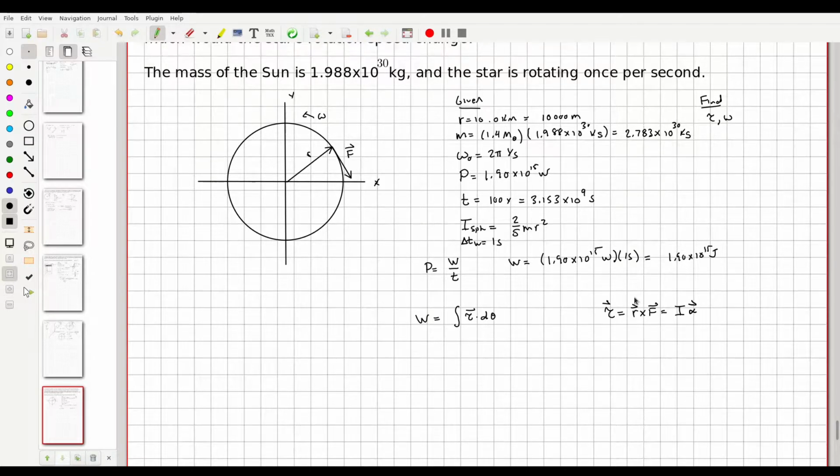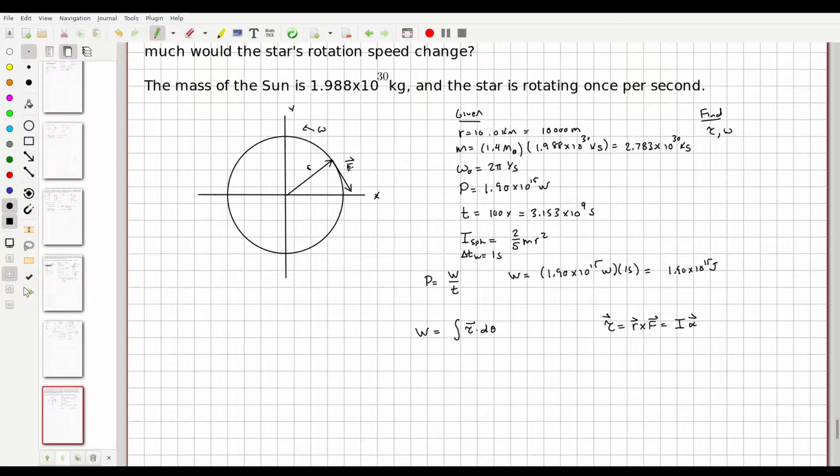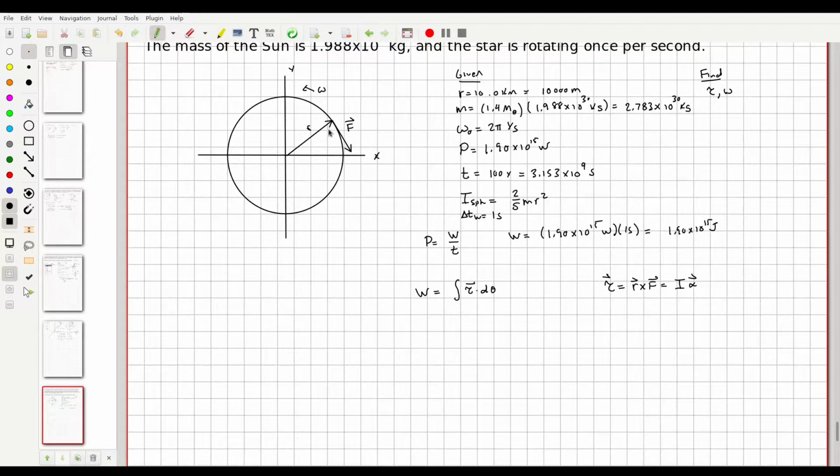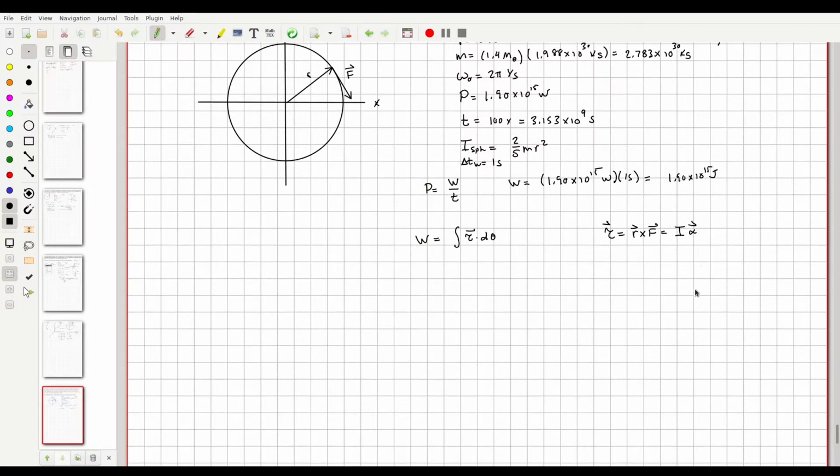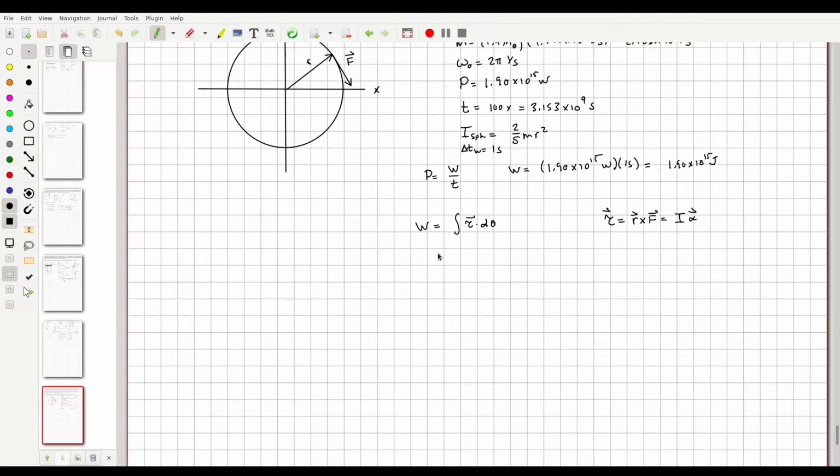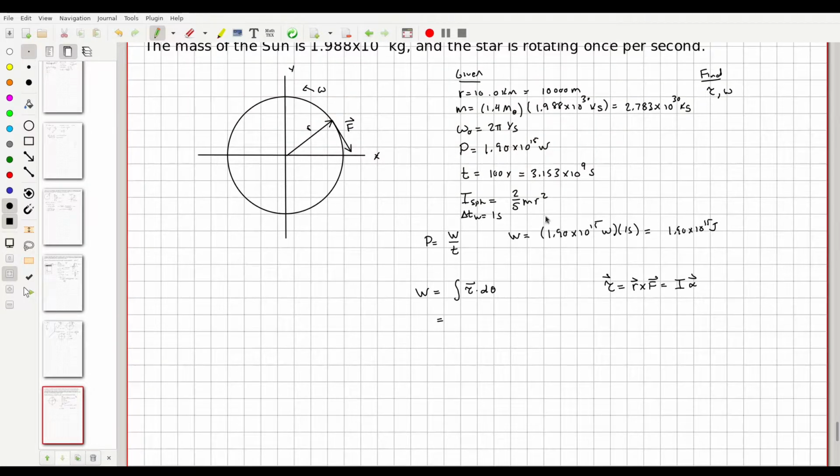Now we're going to assume that whatever torque is being applied here is in an ideal direction. So the angle would be 90 degrees, so the maximum amount of energy is being generated. Here it's equal to I alpha. I is a constant, 2/5 mr squared. That comes out.